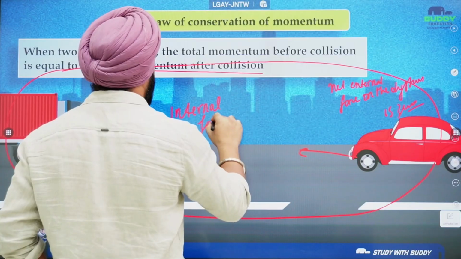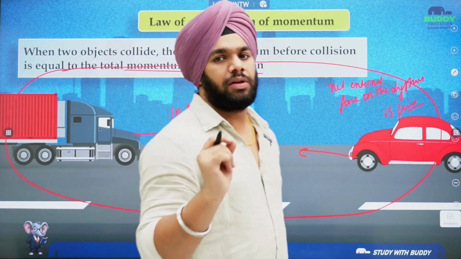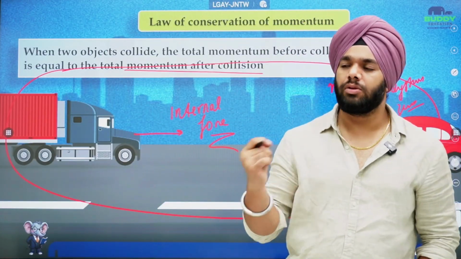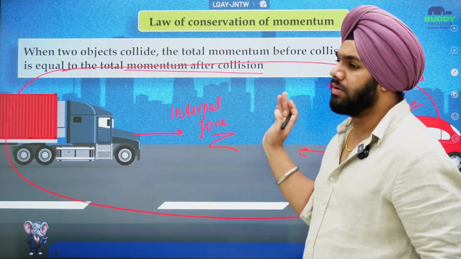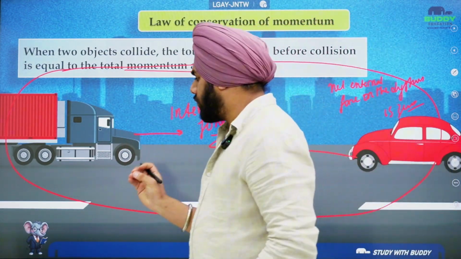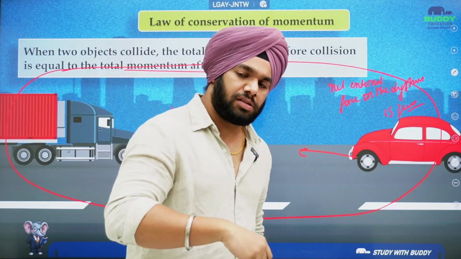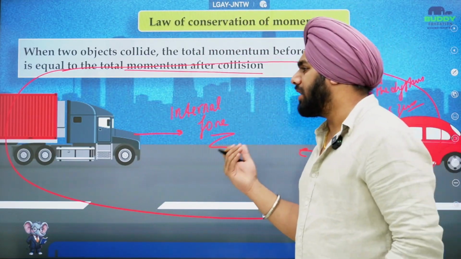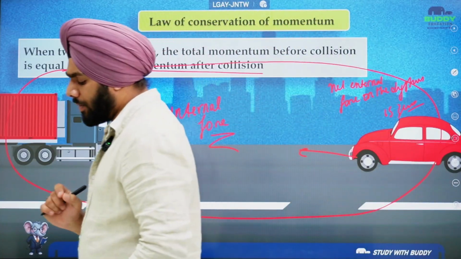And I have told you plenty of times that we only consider when the net external force is zero. When the force exerted by the car on the truck and the truck on the car becomes a part of the system, then they are not external forces. They become part of the internal force, and hence we can apply the conservation of momentum.